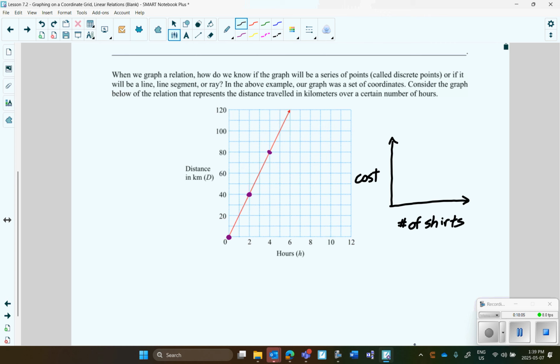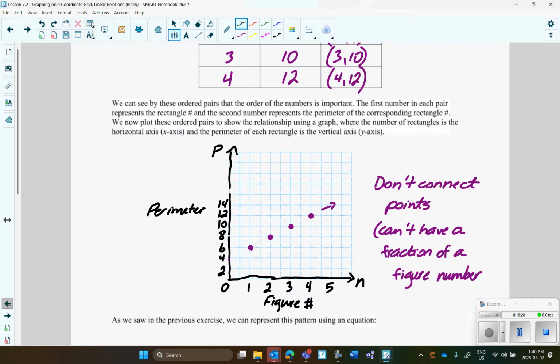You could not draw a line through them. So you have to think, some things are continuous, you can have fractions of. Other things are not. So time, distance, weight, money, you can have fractions of money. Okay. All right. So now that we got that cleared up.